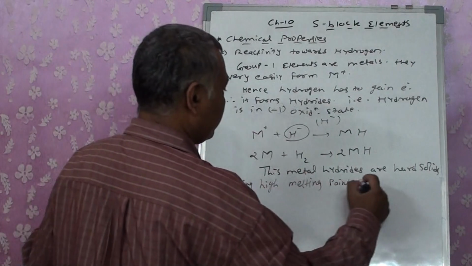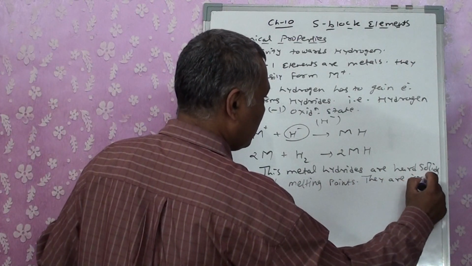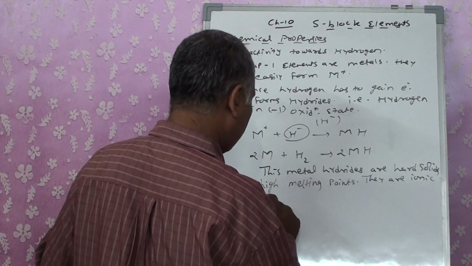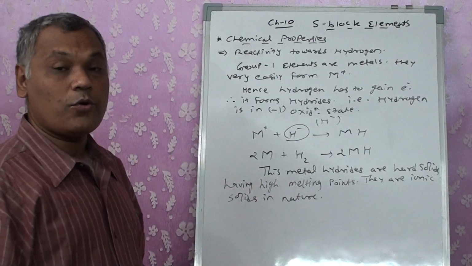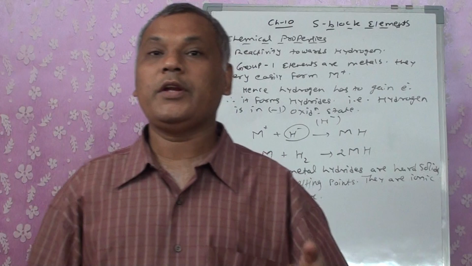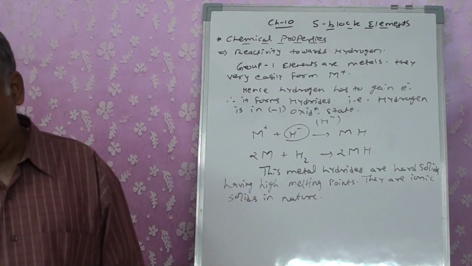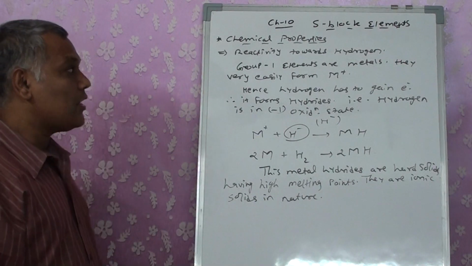As well as they are ionic solids, that means they form an ionic bond by donating and gaining of electrons. They form an ionic bond, right? So that is reactivity towards hydrogen.